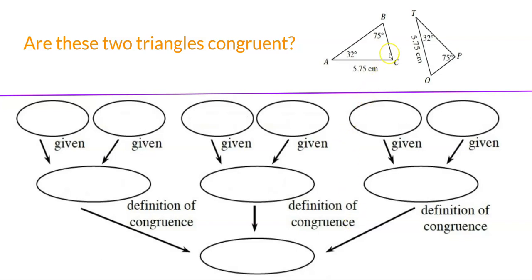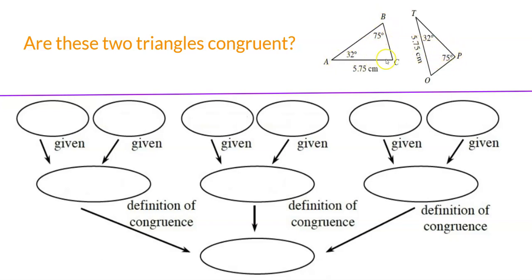The first thing I would do is make sure I have everything I need in the 2 triangles. For example, I have a 32 degree angle right here. I want to make sure I have a 32 degree angle on the other triangle, which looks good. I have a 75 degree angle right here, and I want to make sure I also have another 75 degrees. That looks good.